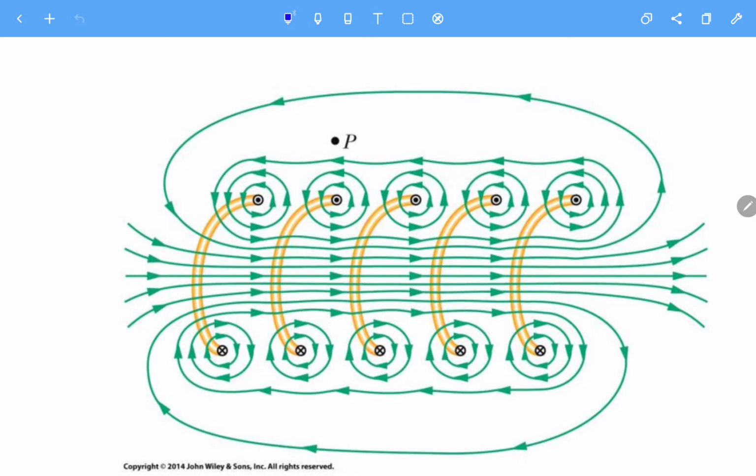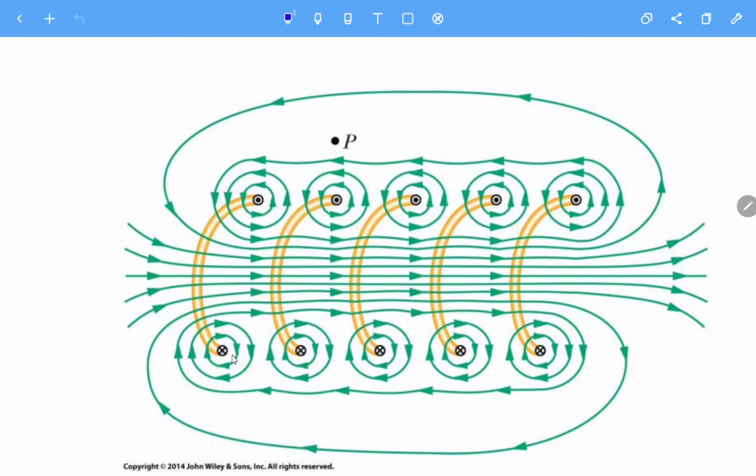So it is like a loop going from here to here, and then to here, to here, so on and so forth. So for example, if you consider only this small region, the magnetic field generated by this part will be like this.